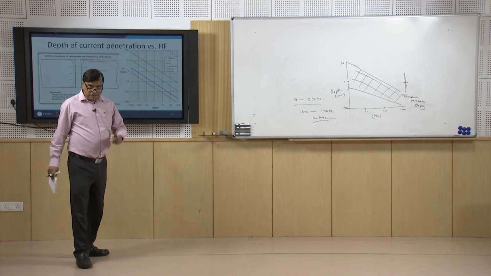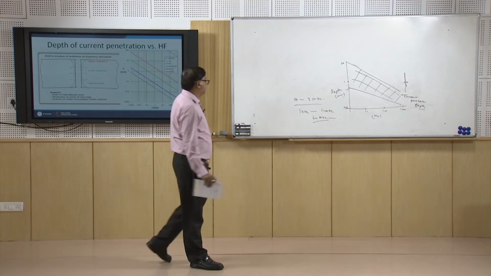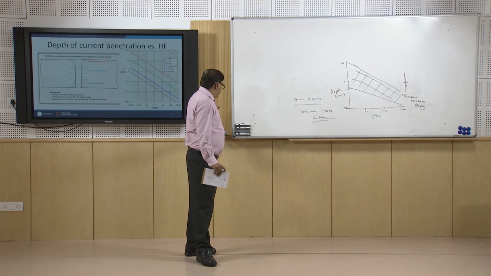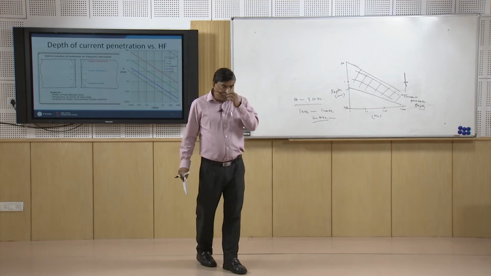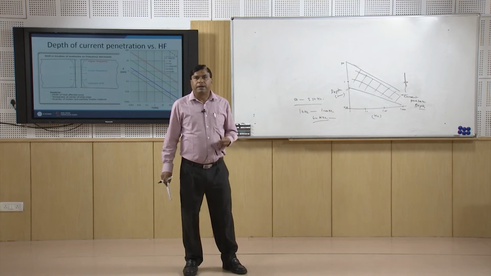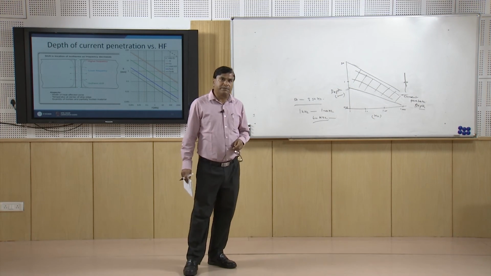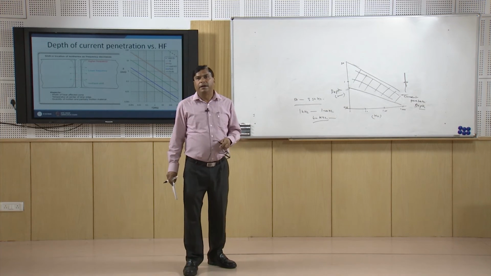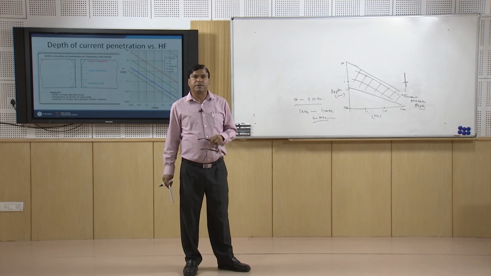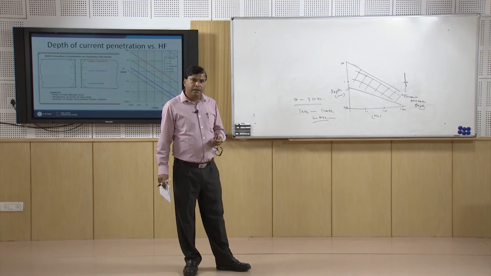So, now I will conclude this presentation. In this presentation, I have talked about the resistance welding process, and the three types of resistance welding process: one is spot, another seam, and third high frequency resistance welding process.